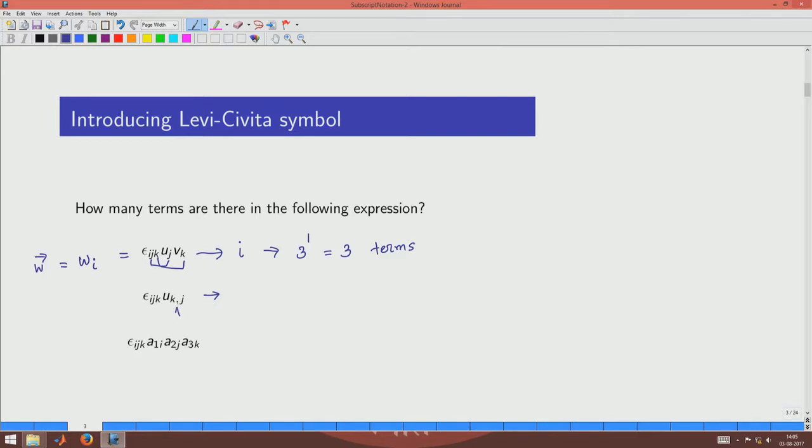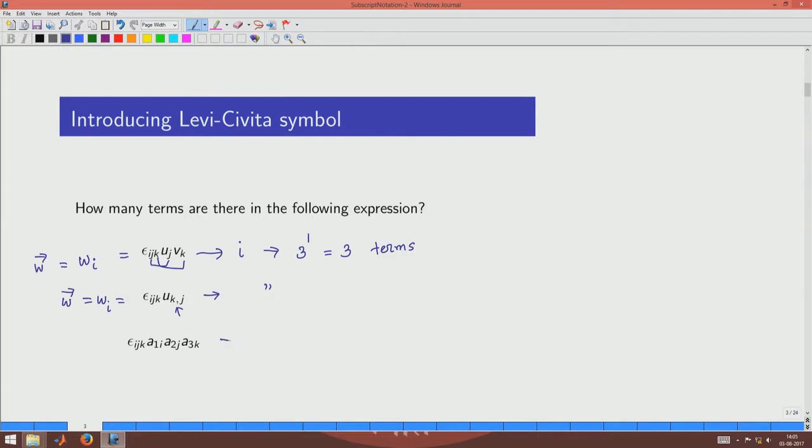I bring your attention here, there is a comma, and k and j are repeated. So, again it is the same thing as earlier. i is the only free subscript, and therefore, we have got the same expression. You could have some other vector w with a subscript i, which is the free index on the left hand side as well as on the right hand side.